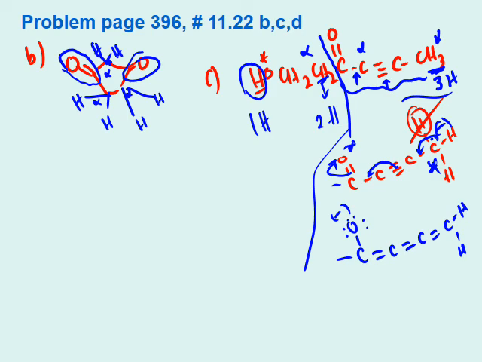In the same way, you can work on part D, but let me give you a hint to do part D so that you can do it. So let me draw part D. It's a benzene ring.